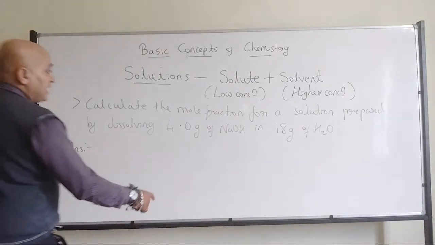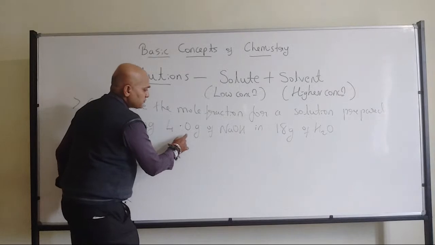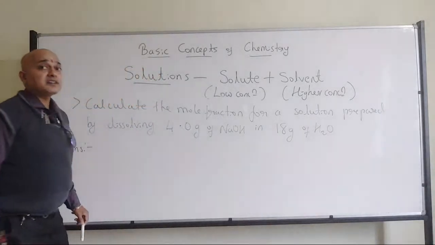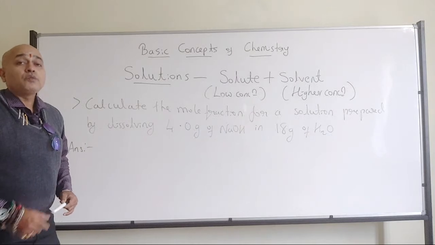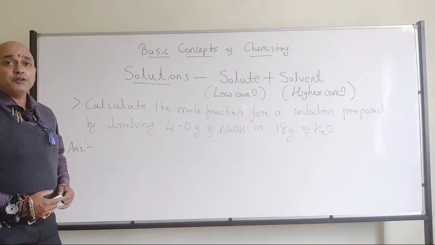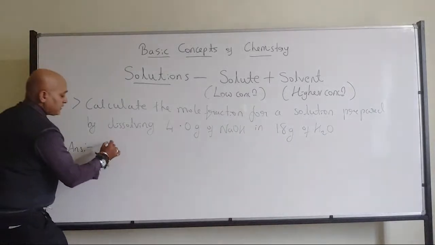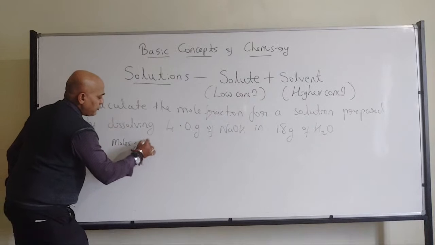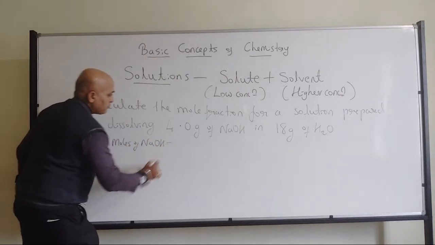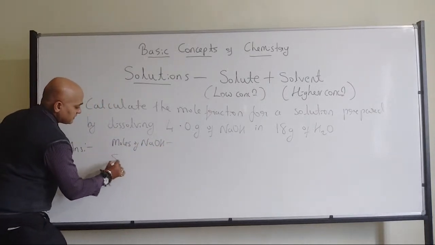So we have to find what is that number of moles 4 grams of NaOH corresponds to. So to give that answer, we should know what is the molar mass of NaOH. Okay? So therefore, first part it will be calculation for moles of NaOH.